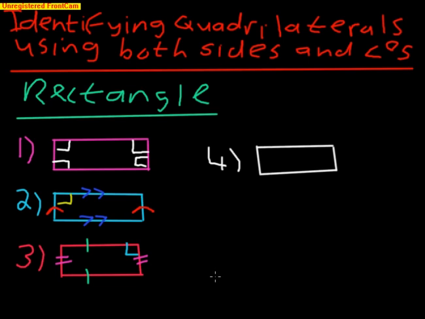The last way that we can classify any quadrilateral uniquely as a rectangle is if we have one pair of opposite sides that are equal, as well as parallel.